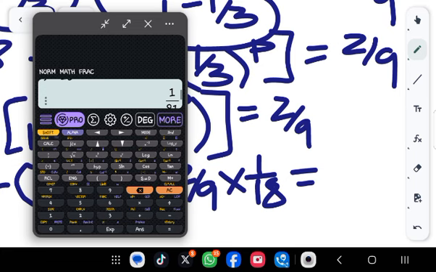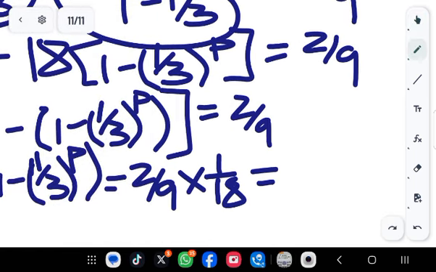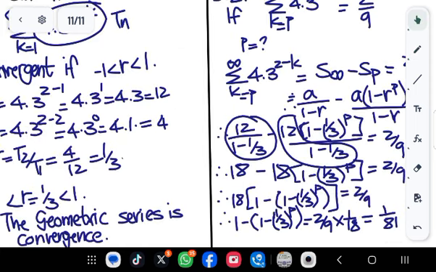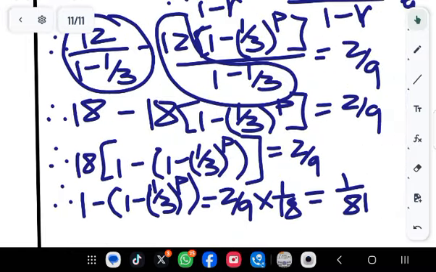There is the answer. You'll see why we need to leave it like that for now. That gives us 1 over 81. So now we can bring the 1 over 81 to the left hand side and then take this to the right hand side to deal with the signs.